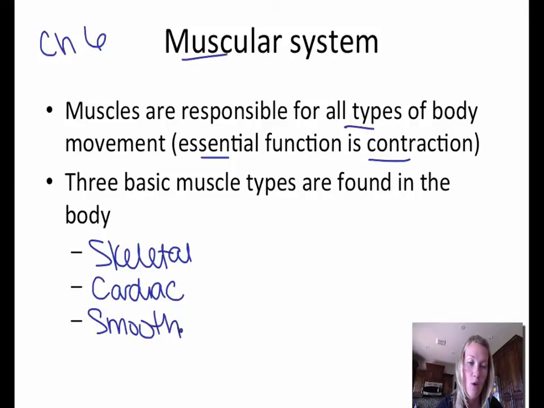Hopefully those are a review from a couple chapters ago, but we'll go through cardiac when we go through the cardiovascular system, and then we'll go through smooth muscle in the urinary and digestive systems a little bit more than in this chapter. So in the muscular system, we're really talking about skeletal muscle.